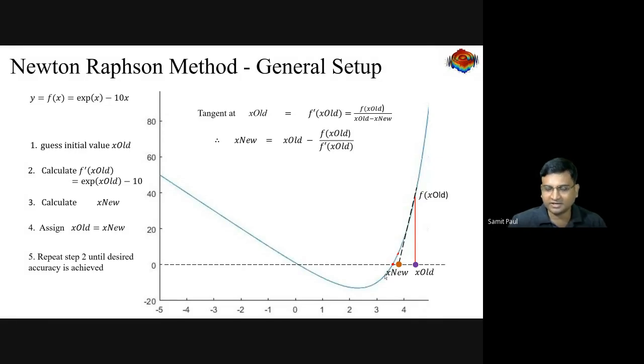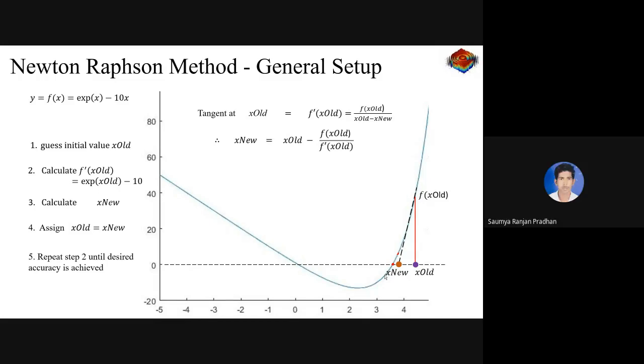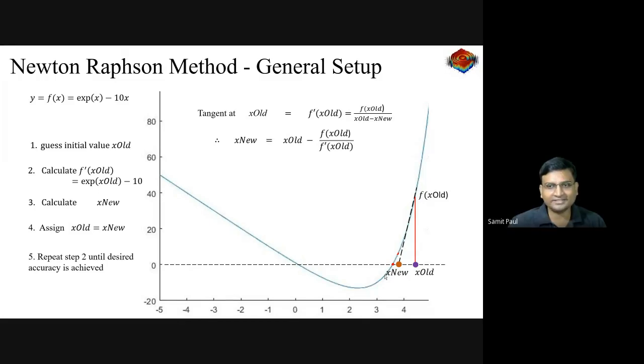So in a general setup, which one do you think is easier, the bisection method or the Newton-Raphson method? Newton-Raphson method. It seems that it is easier, right? And there was a problem also in the bisection method, that if you had taken a wrong guess, it cannot converge.